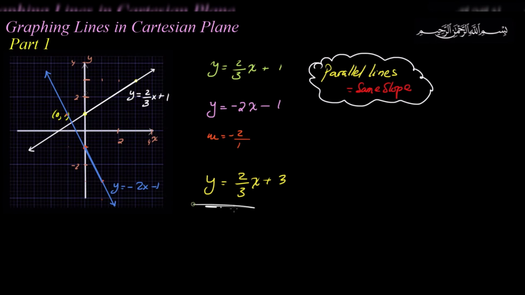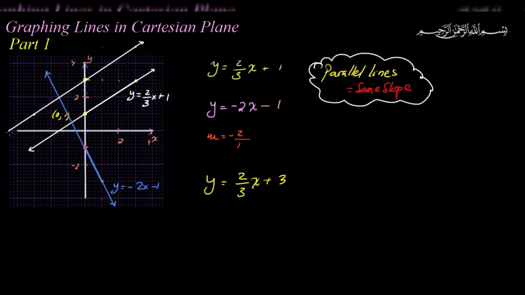If you were to graph this line in the same Cartesian plane, the y-intercept is 3, so go 1, 2, here's the y-intercept. The slope is the same, up 2 and over 3. Here's another point, and here's the other end of the line.